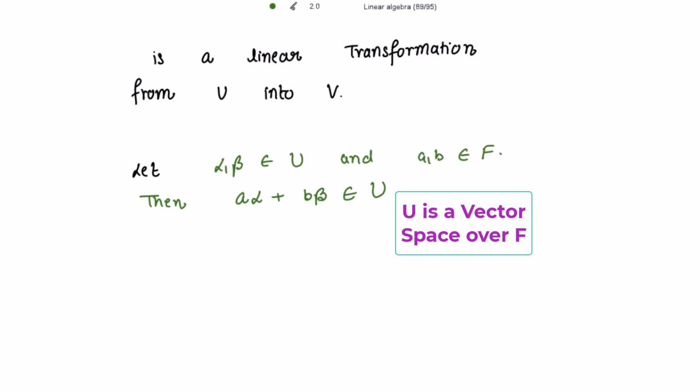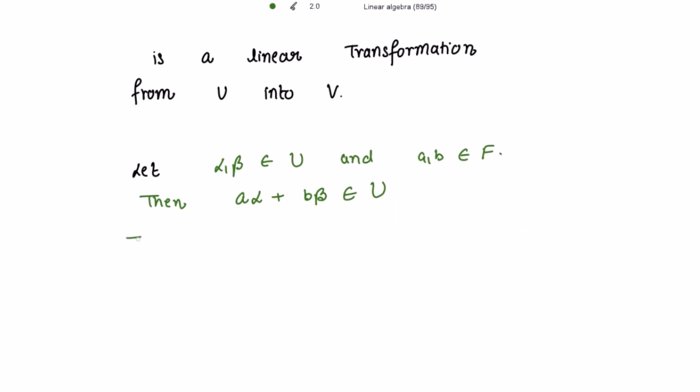So by property, a alpha plus b beta belongs to U. Let's check what is T of this element from U. Now because T is a zero transformation, T of this element will be equal to 0. Can I write this 0 as the scalar a into 0 plus the scalar b multiplied with 0? Can I write like this?